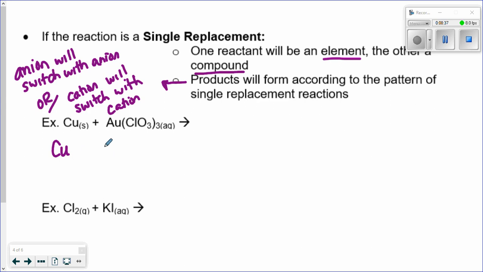So we know we have copper. So since chlorate forms a 1 minus, we know that this gold needs to be 3 plus. So thinking about what type of ion copper will form in solution.